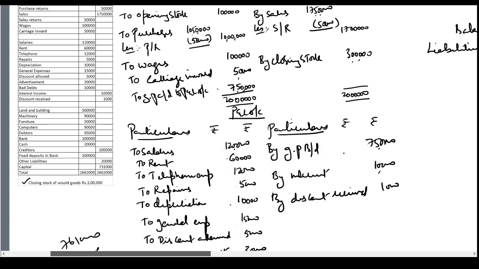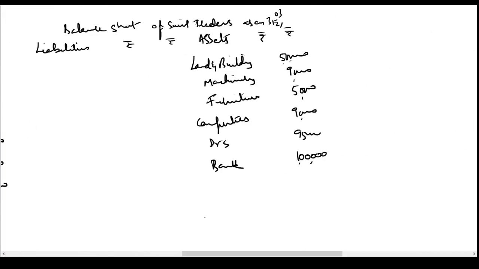No, cash balance of only 20,000. We are forgetting about one more asset which we have, which will show below the debtors, that is the stock. Closing stock 3 lakh rupees.